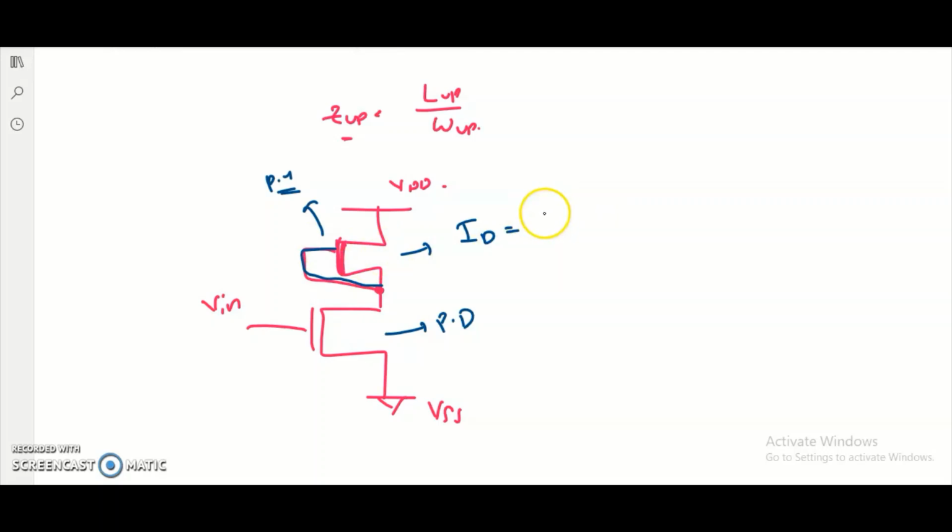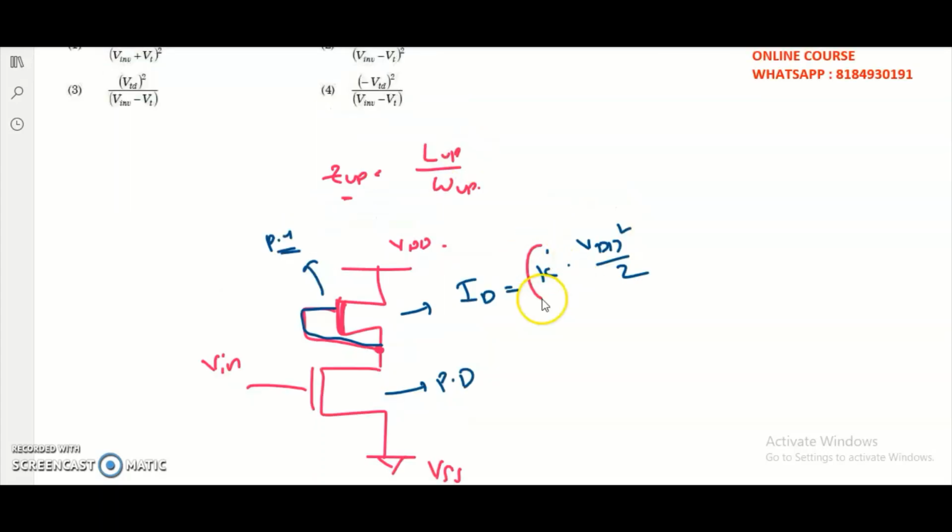So in the saturation mode, the MOSFET's equation can be given as K dash, here the K dash means mu naught COX W by L, this entire thing, so K dash into VDD square by 2, right? So it is the MOSFET's saturation drain current equation. So here I am writing where K dash is nothing but mu naught COX W by L. Okay. So it is a saturation current.